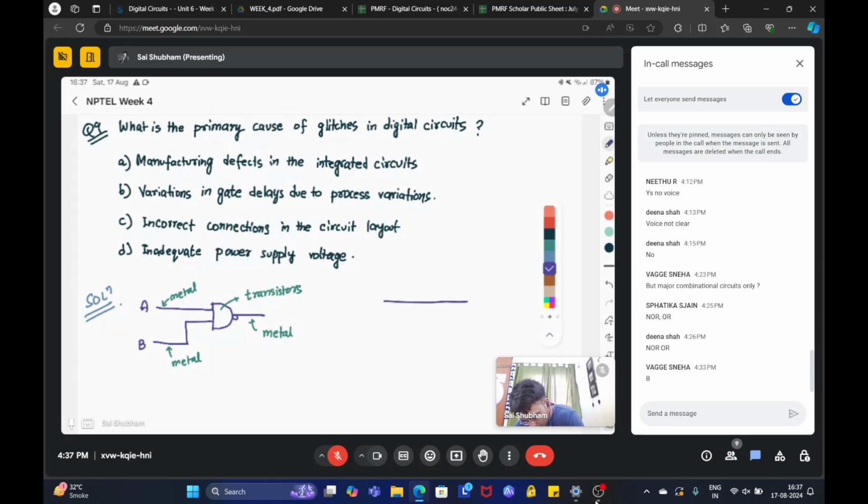A NAND gate will look something like this. This is your NAND gate circuit. Fine. I think this has been discussed in the week 4 lecture.